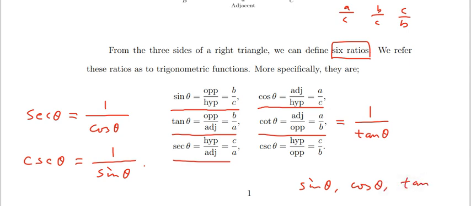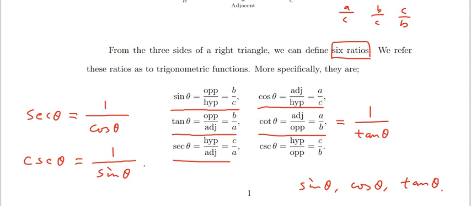The calculator just gives us those three, because the other three can be written as reciprocals of the others, like cotangent is 1 over tangent, right? Secant is 1 over cosine, cosecant is 1 over sine.